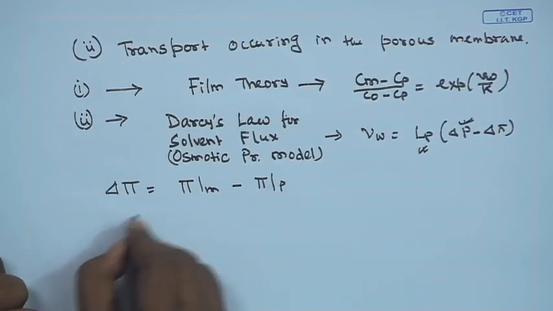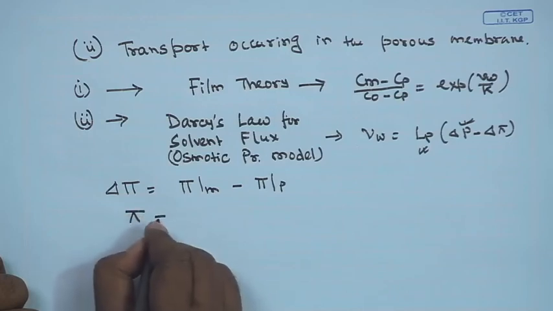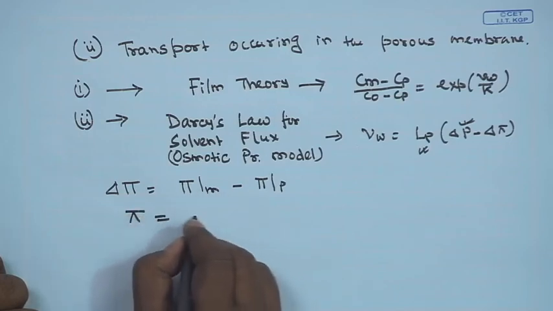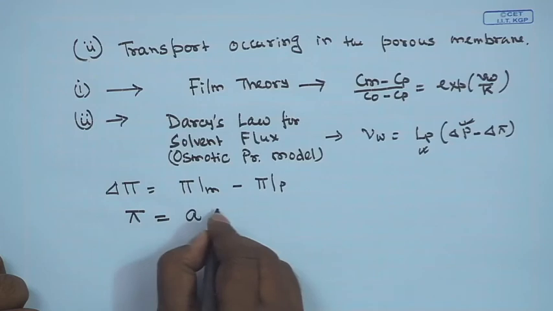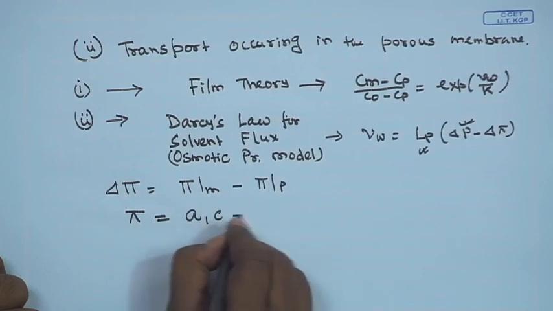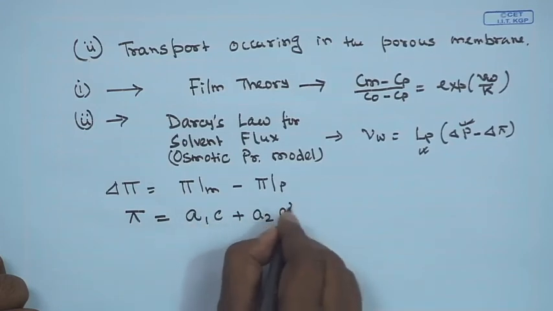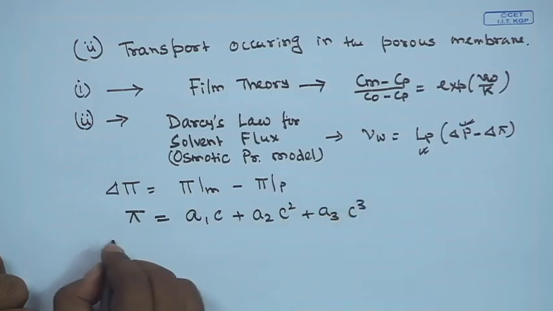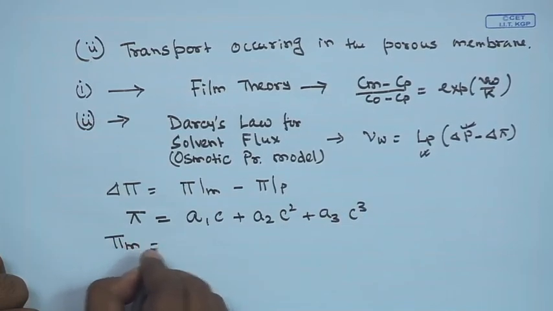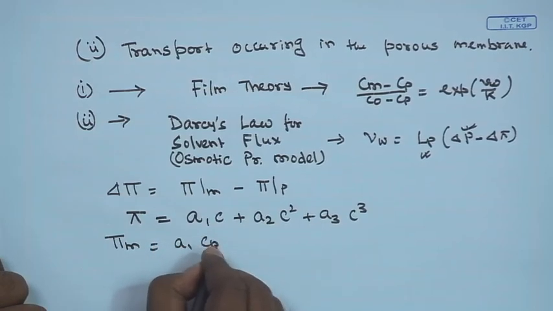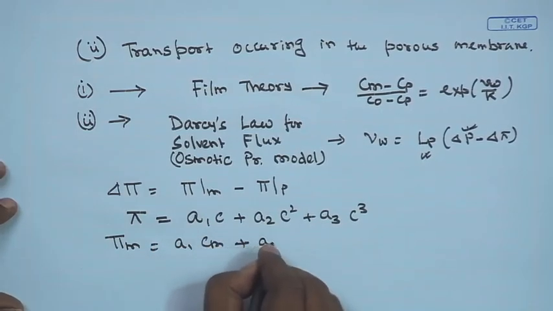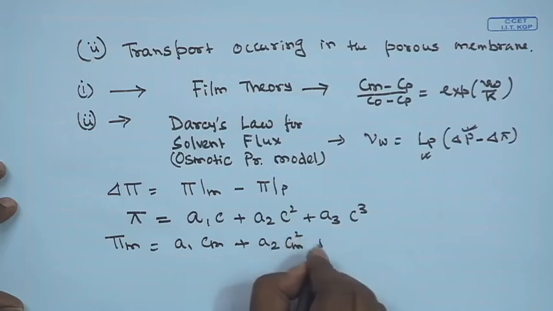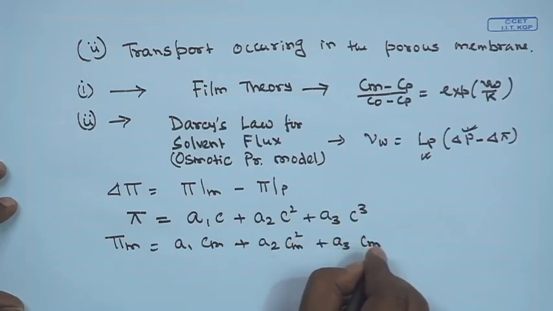Okay. So, what is osmotic pressure? Osmotic pressure can be expressed as a function of concentration like this: A1 C plus A2 C square plus A3 C cube. So, pi m will be A1 Cm plus A2 Cm square plus A3 Cm cube.